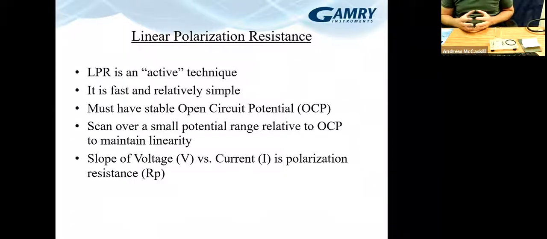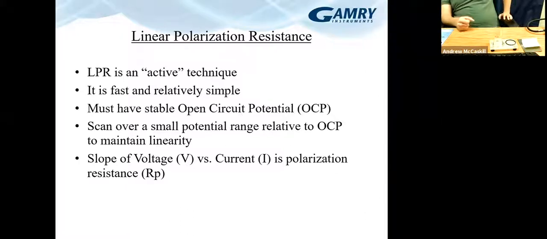If it's not, then the data is no good, and that likely can be pointed to having an unstable open circuit potential. There are other culprits, but that's probably always the first thing to take a look at. And that's the first thing you do in this experiment, just monitor OCP for a while, make sure it's very stable. That could happen in a matter of minutes. That could take hours, days, weeks, depends on your particular system.